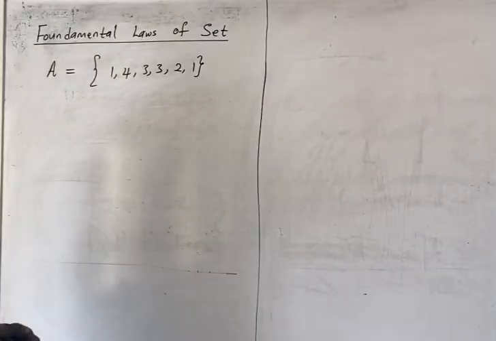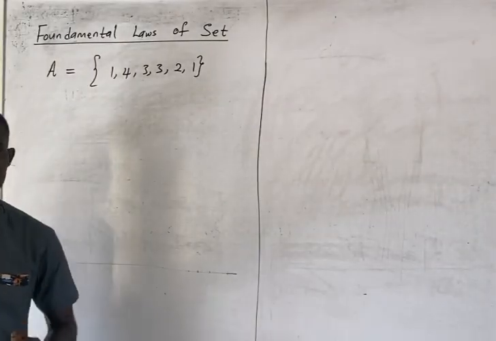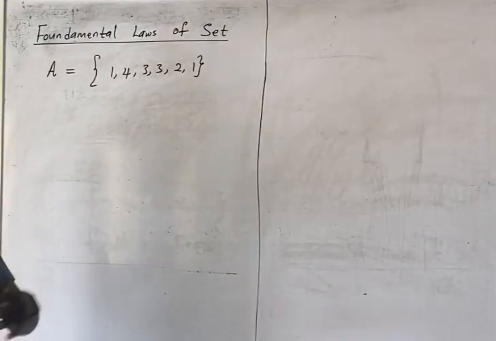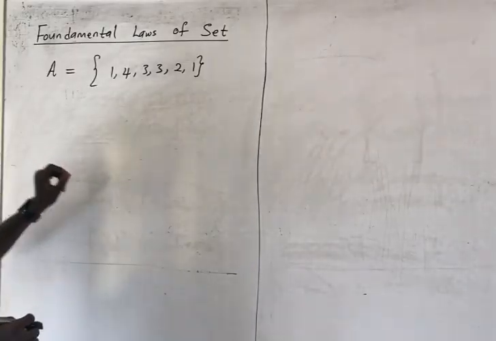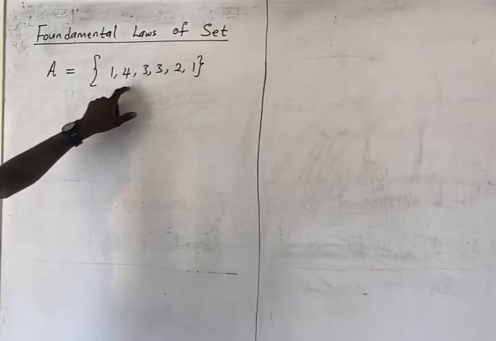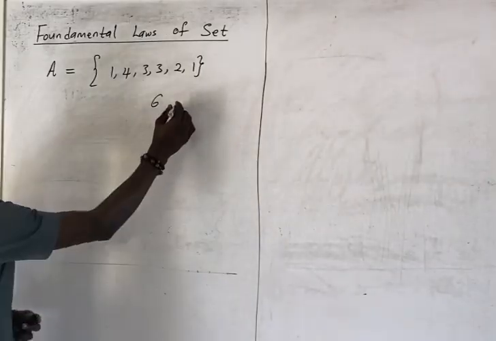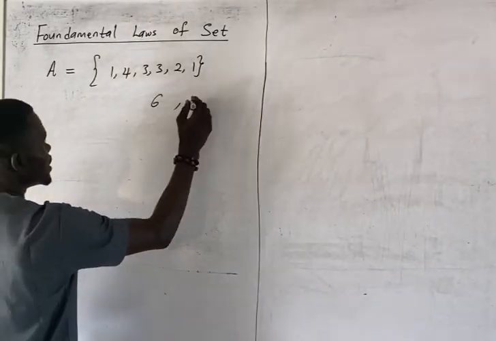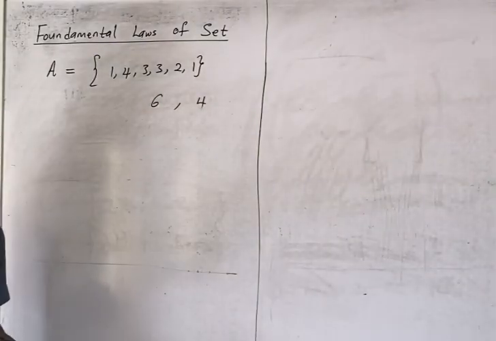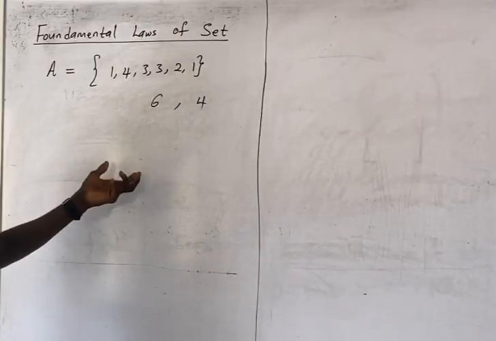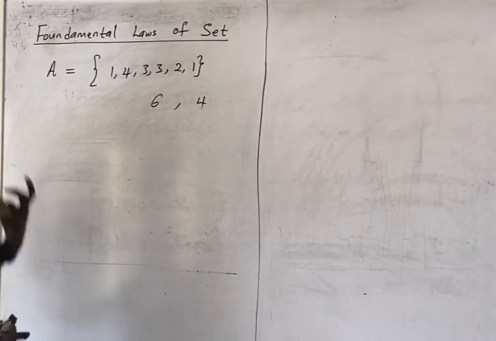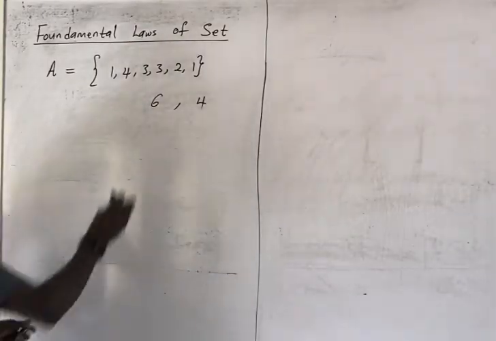This is an example of a set. But some people will say that the cardinality of this set is 6, while some people will say it is 4. So why is this one like this? Let me explain the law guiding how we write sets.